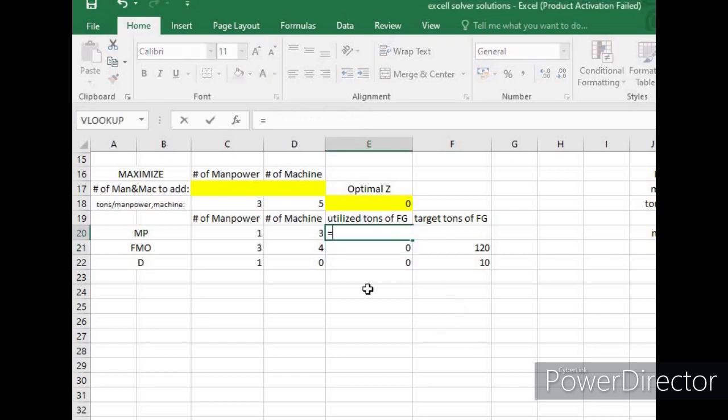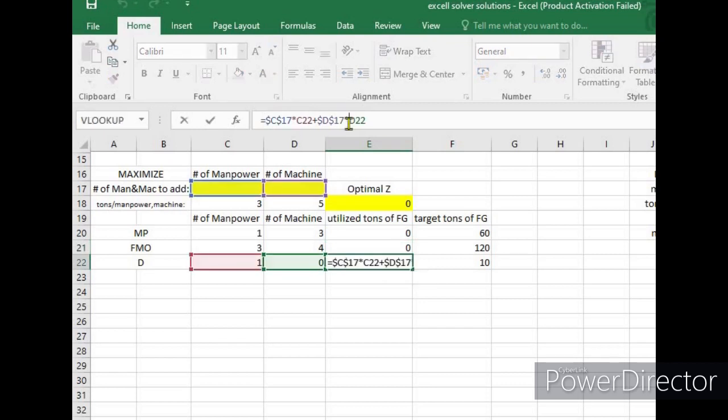It is equals to this one. Press F4 and times this plus this one, then click F4 and times this. Then just drag it down here. So you have your formula.